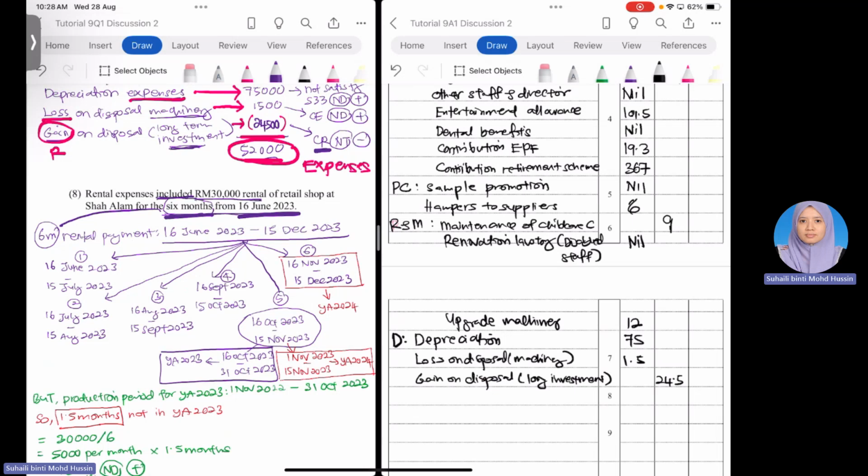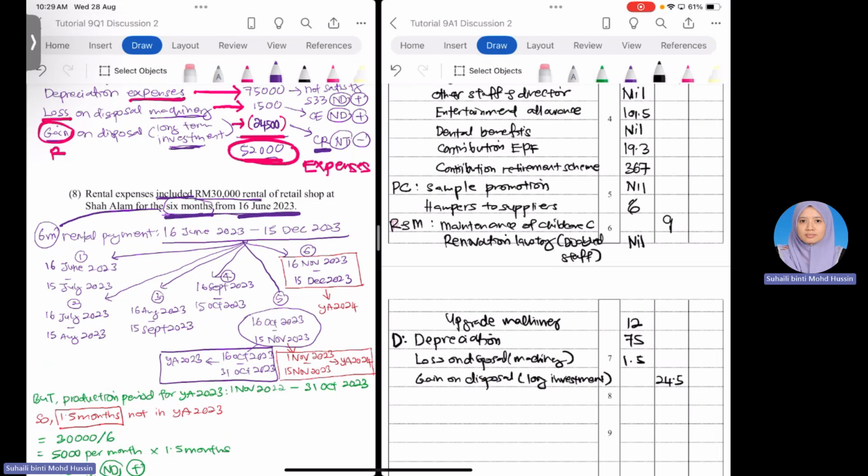Second month, 16 July 2023 until 15 August 2023. Third month, 16 August until 15 September. Fourth month, 16 September until 15 October. Fifth month, 16 October until 15 November. And then the 6th month, 16 November until 15 December.